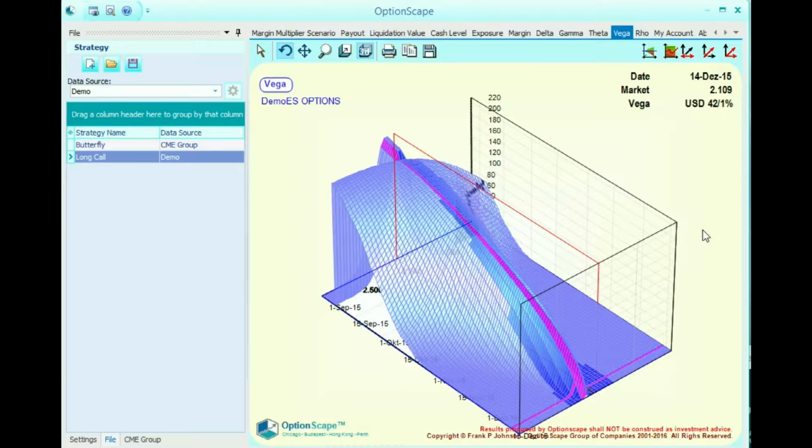And then we can discuss why it looks different from what we expected, and analyze different strategies with different stress scenarios.